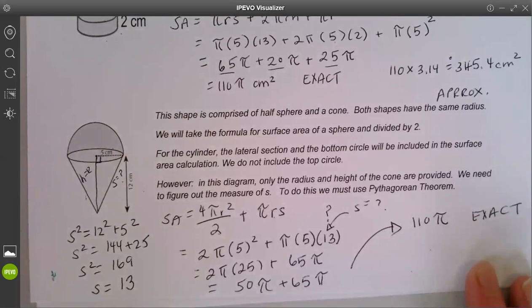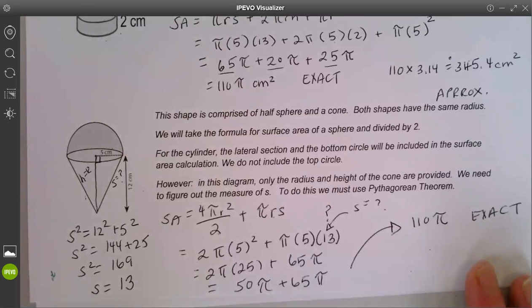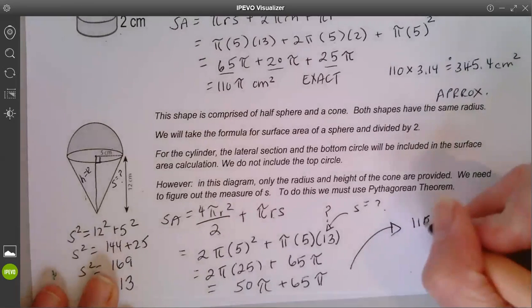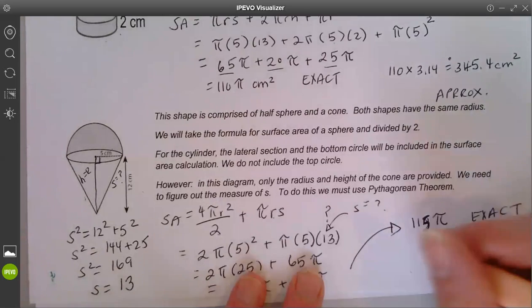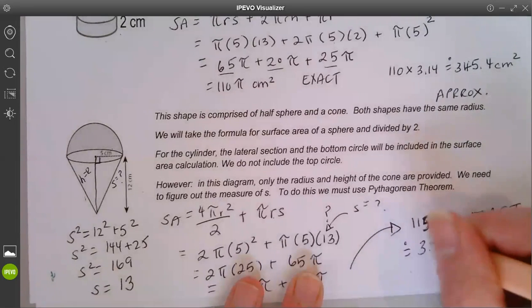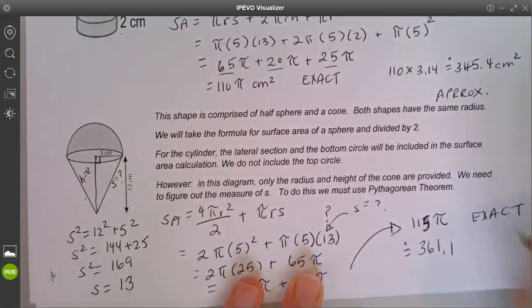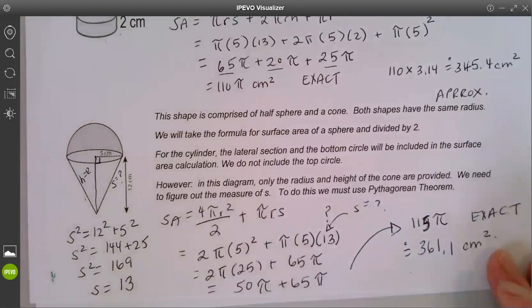So 50 plus 65 is 115. That's my mistake. 115 pi times 3.14. So our approximation is 361.1, and our units are centimeters squared.